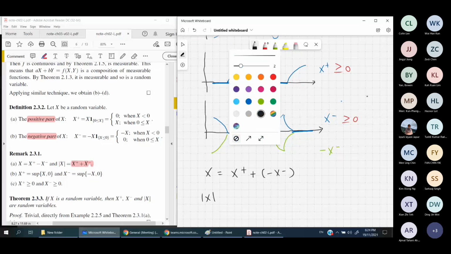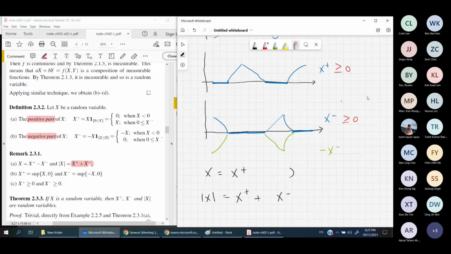So the modulus of x is equal to x plus plus x minus. So we have two mathematical relations between the modulus of x and x plus and x minus here.